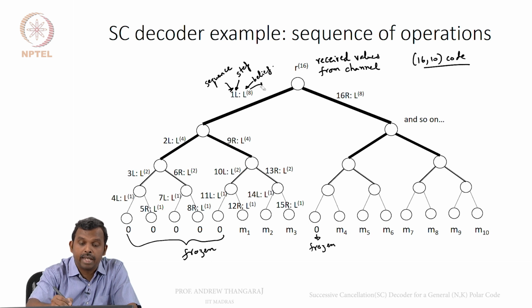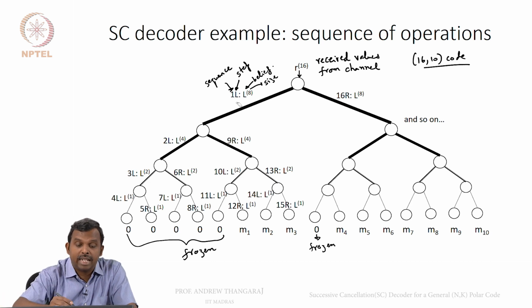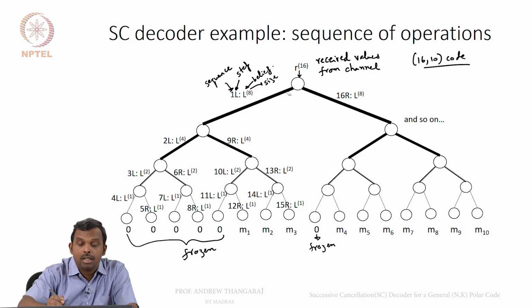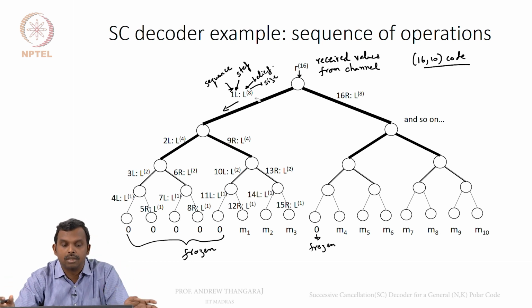And this 8 of course indicates the size of the belief. Initially there are 16 beliefs that the root receives from the channel, and when it does L in its first step, sequence number 1 L, it goes to the left child and gives control to the left child, but it sends only 8 beliefs. It would have done a min sum to combine the incoming 16 into 8, it sends 8.